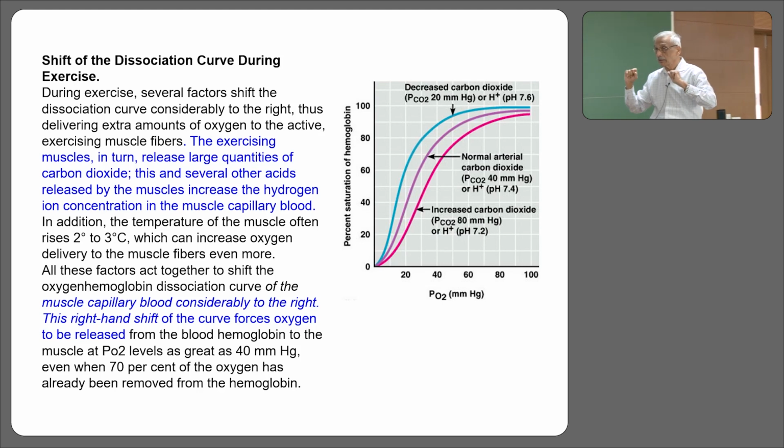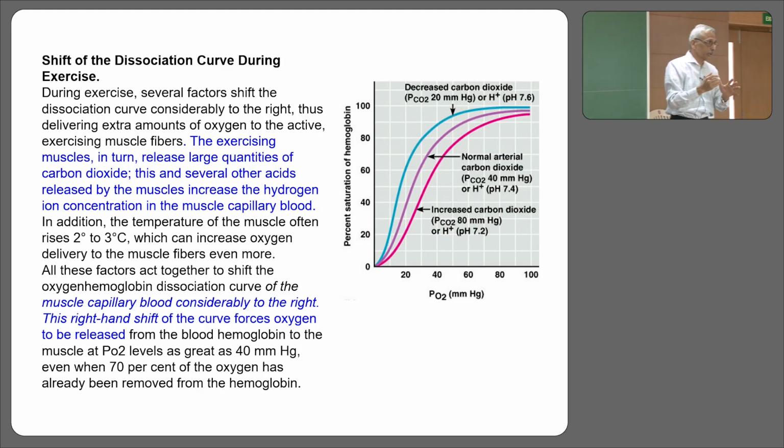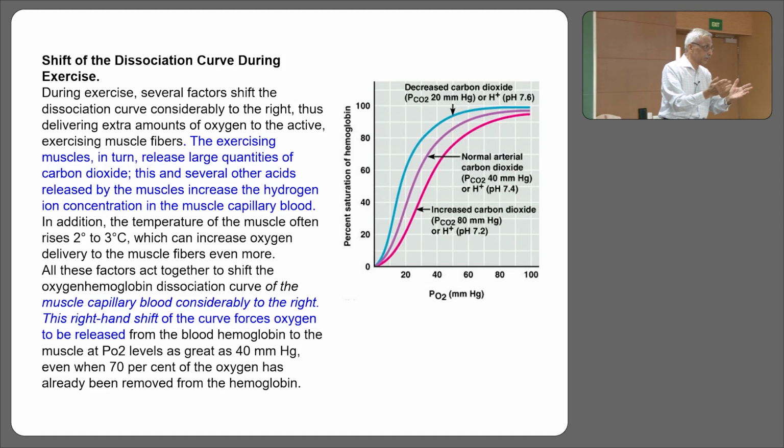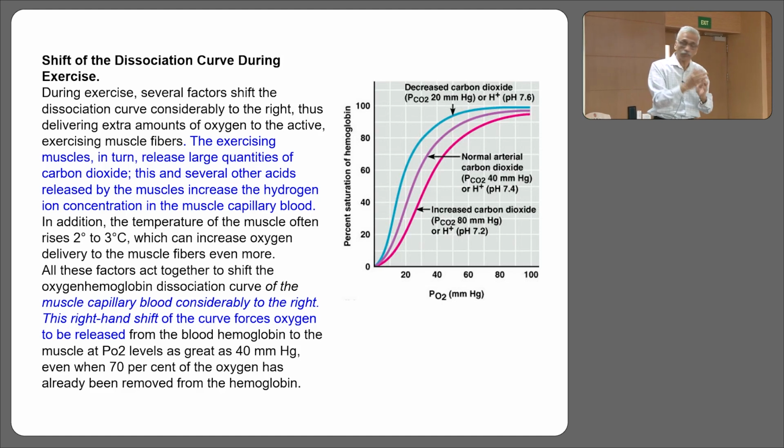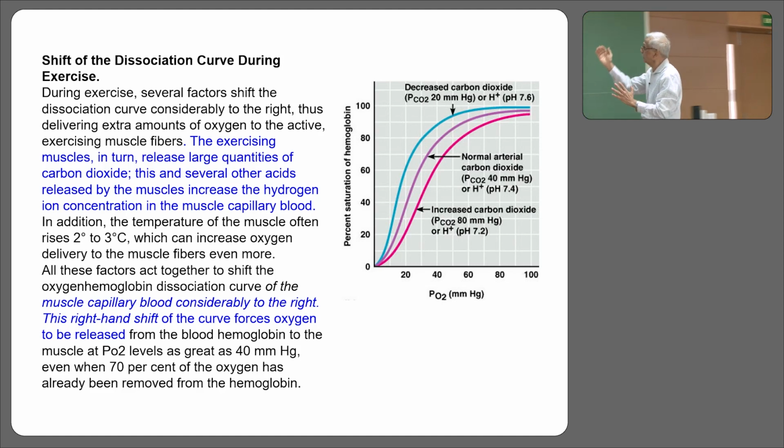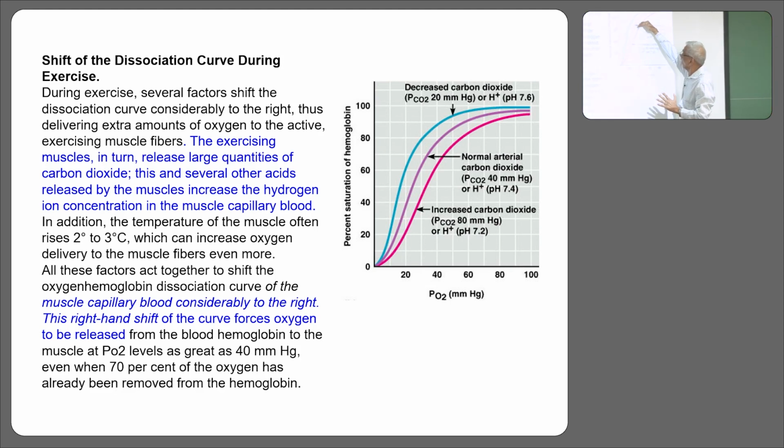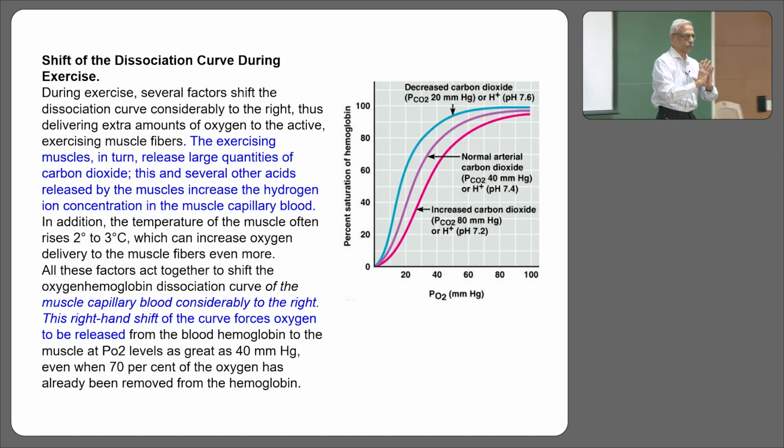Okay, but supposing there is too much carbon dioxide, for some reason you have done too much exercise, okay, the tissues are generating a lot of carbon dioxide. As a result of that, the pH is shifting from 7.4.